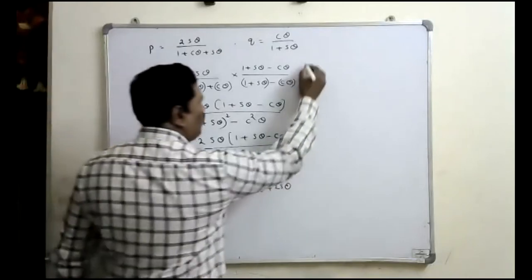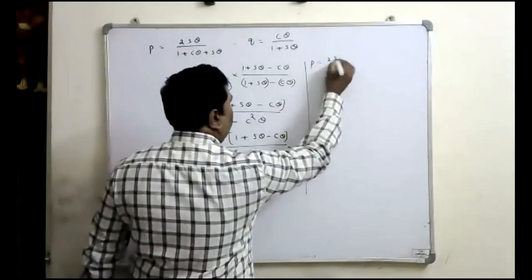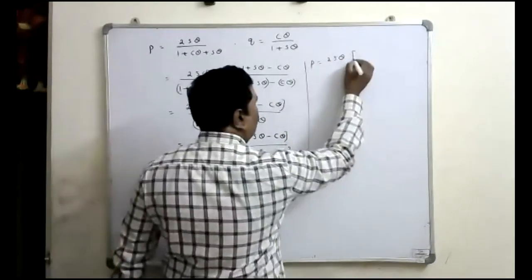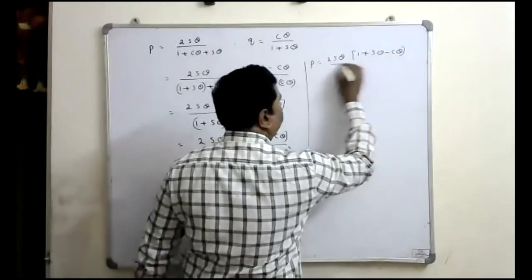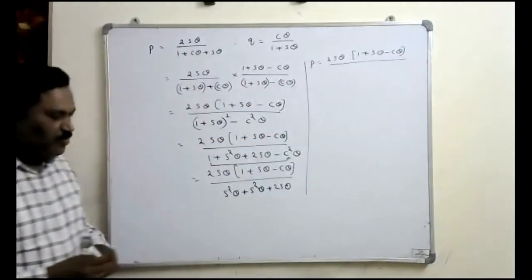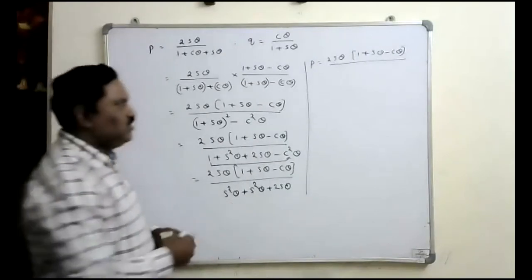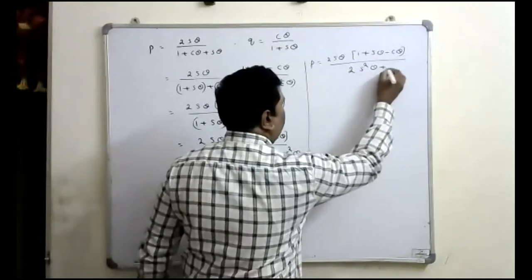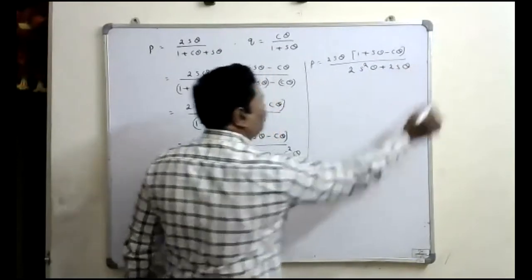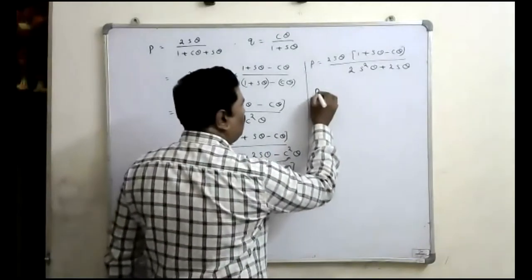So P is equal to 2 sin theta into 1 plus sin theta minus cos theta upon the denominator. If you observe, sin square theta plus sin square theta, which is 2 sin square theta, plus 2 sin theta. Okay. Now from the denominator, what can we take common? 2 sin theta, we can take common.